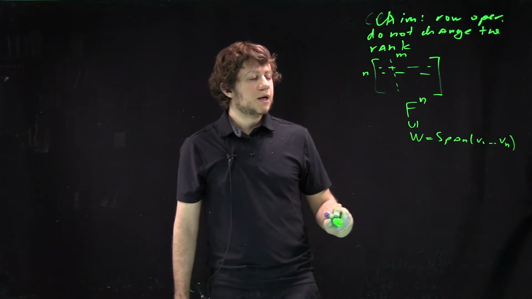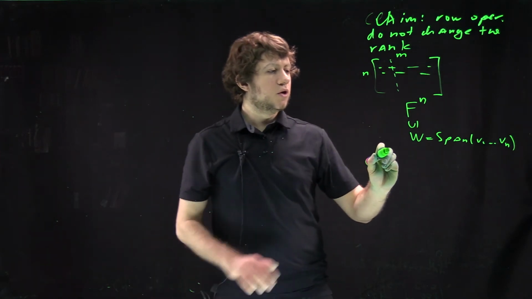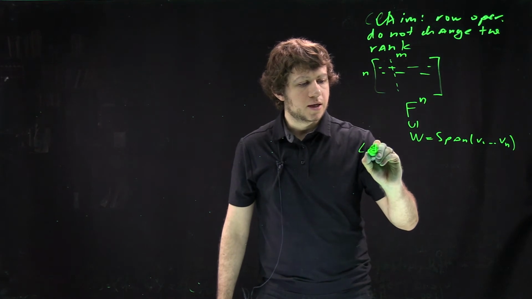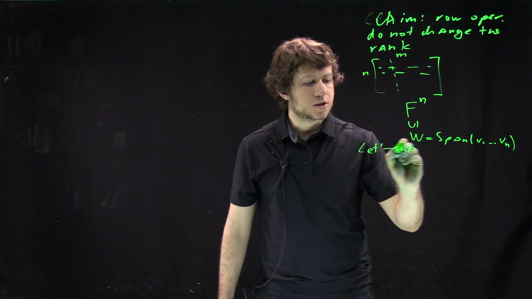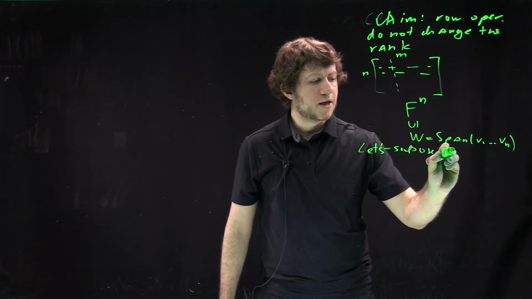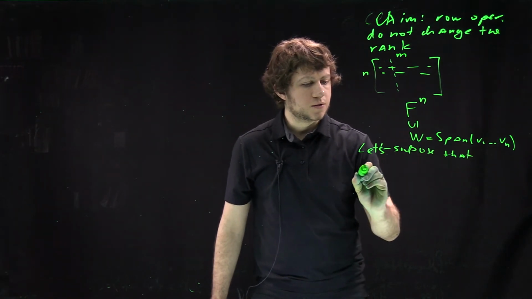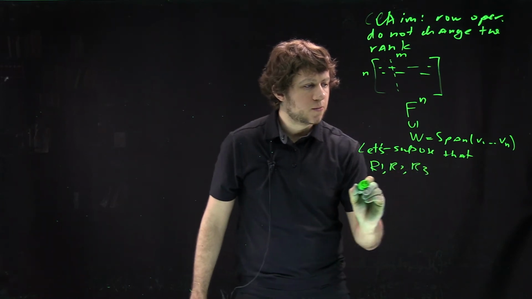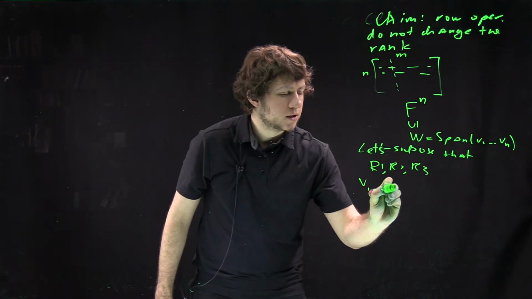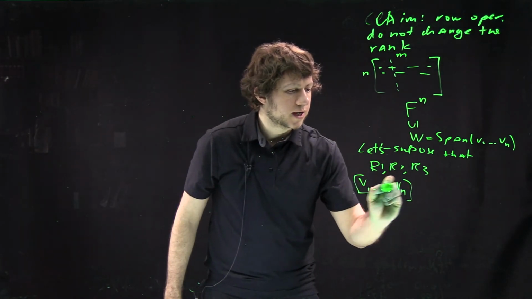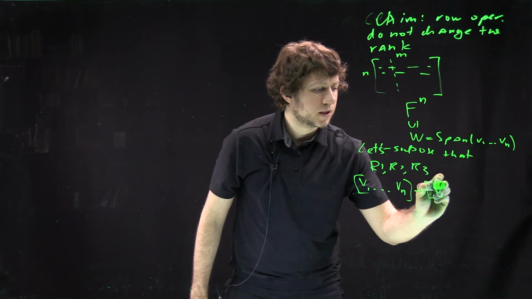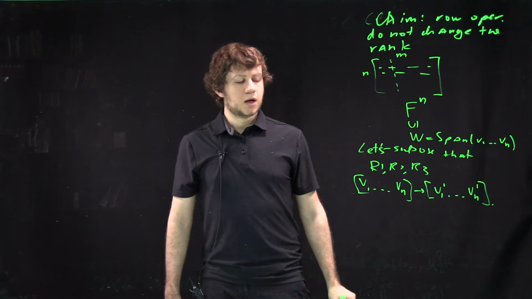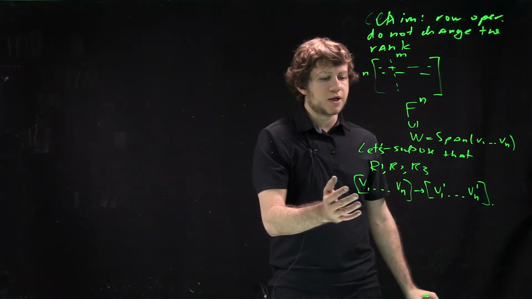And let's suppose that we do some row operations R1, R2, R3, and we went from a collection of vectors v1 up to vn to a collection of vectors v1 prime up to vn prime. Okay, so then the question is why?